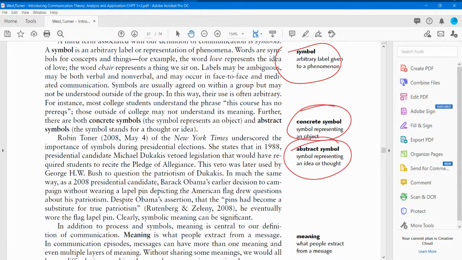Concrete symbol, abstract symbol, all of these are important for you. So whenever you see these, please pay careful attention for chapters 1 and 2. Like I said, they will form the basis for multiple choice or definition style questions.